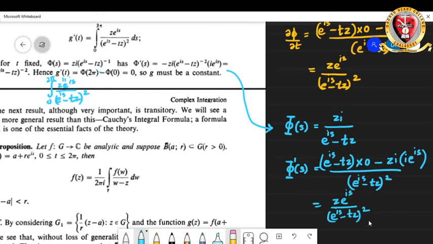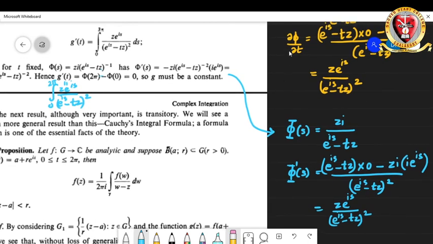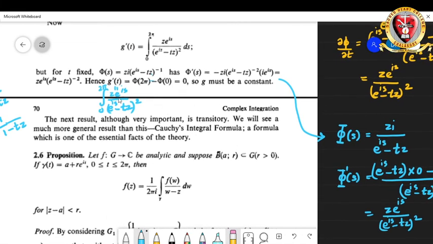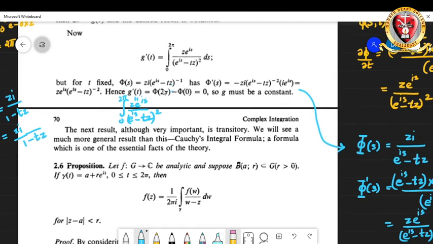When you find this, you know that it is nothing but ∂φ/∂t. So in the next step, we have found that Φ(s) is the primitive, or the indefinite integral, of the expression sitting here, capital Φ′(s). Now find g′(t).